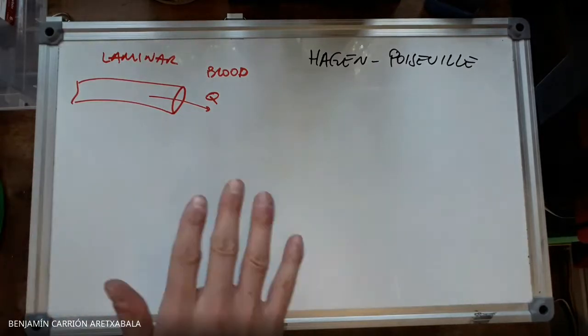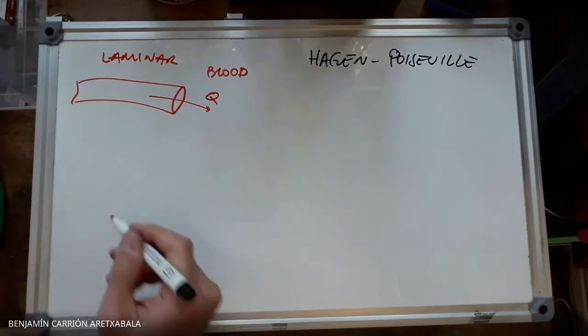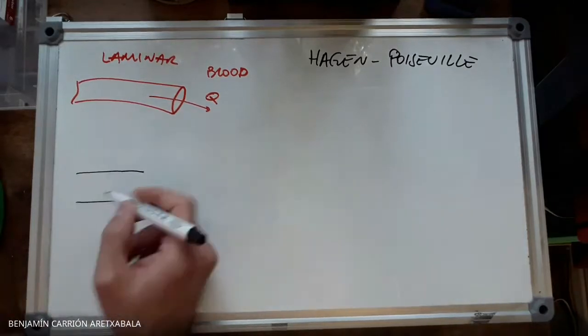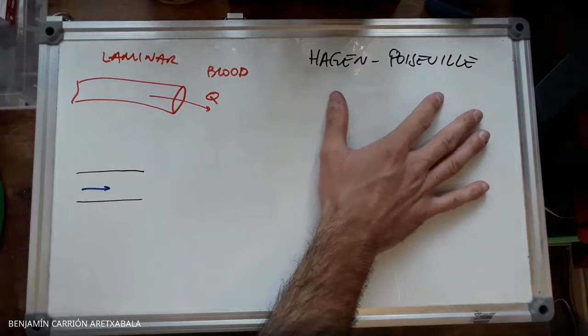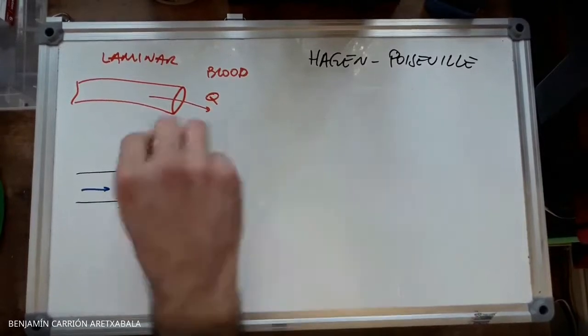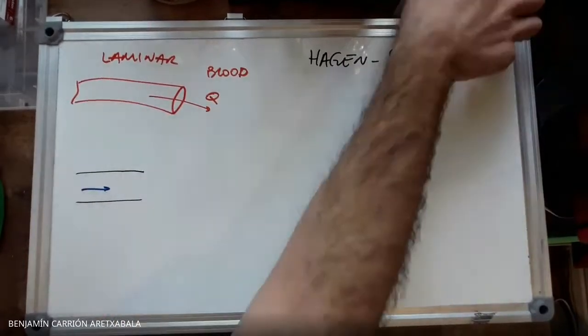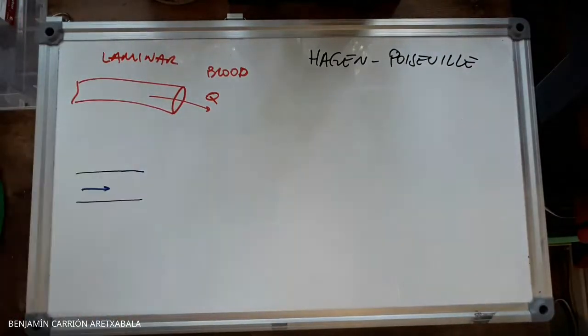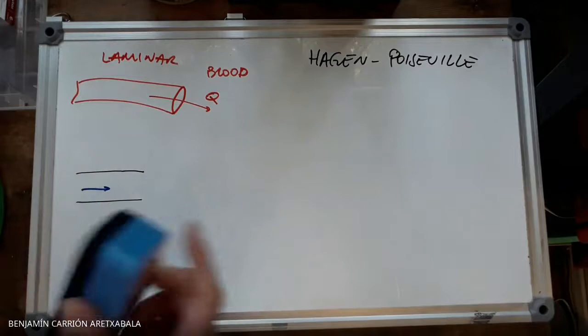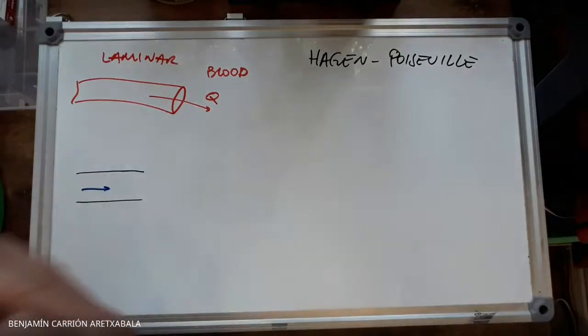We had two plates, right? Infinite plates, one on top of the other, and we had flow here. That's also an example of a Hagen-Poiseuille flow. And in the recitation, you did something similar, but with two fluids with different viscosities.